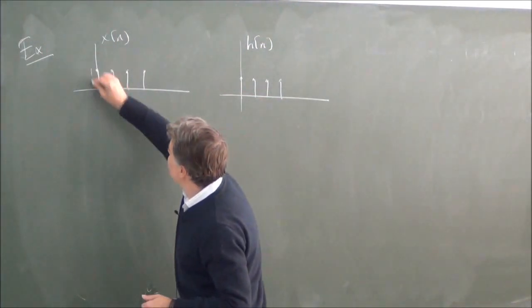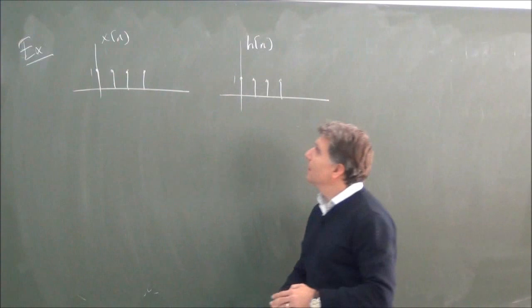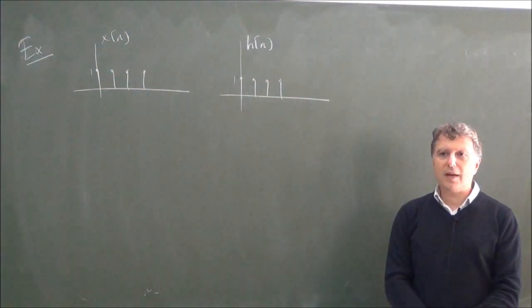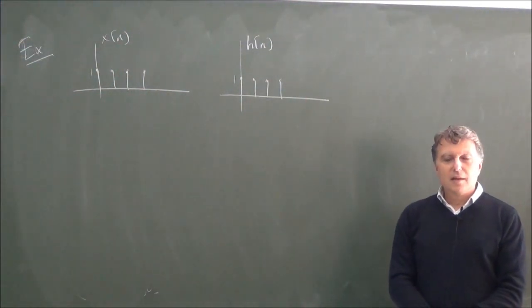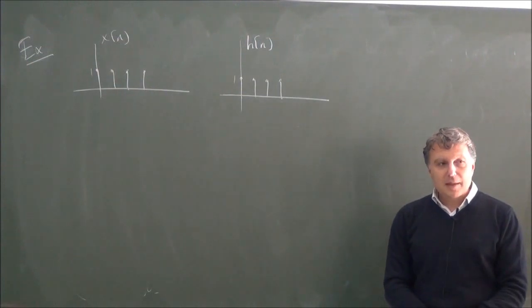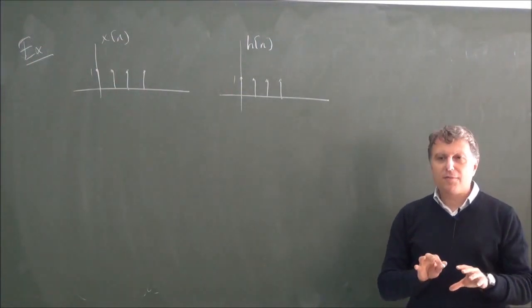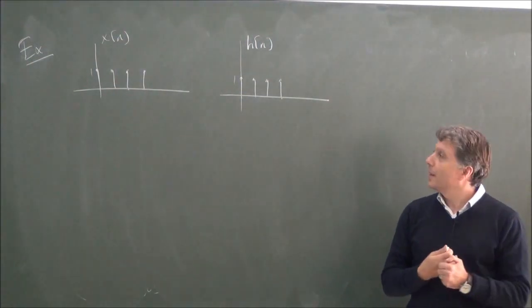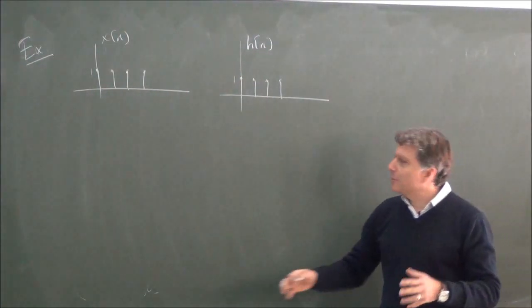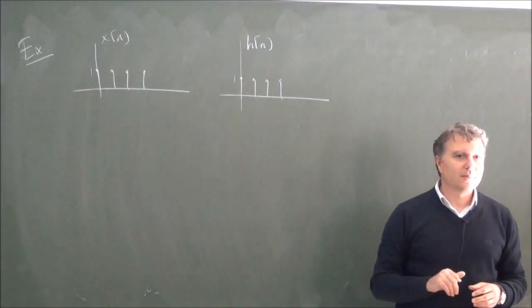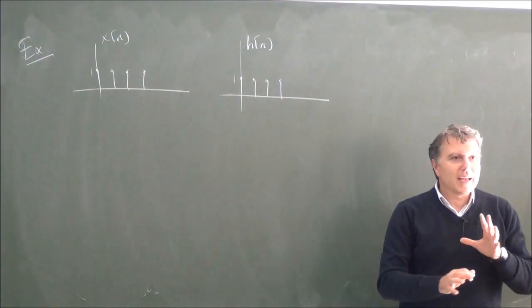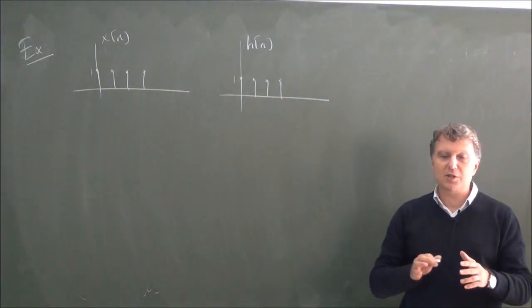But for us, let's have some labels. If x of n is like this and h of n is like this, after some time, if you work enough on that Java applet, you will immediately be able to draw the output without further analysis, without any computations or anything.